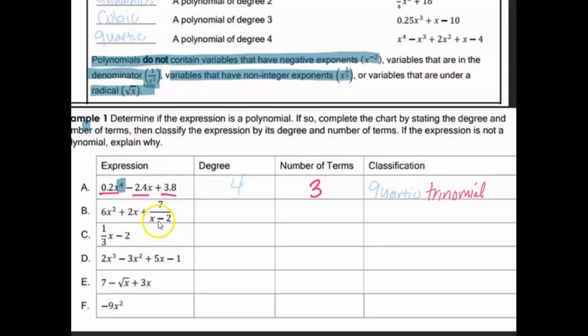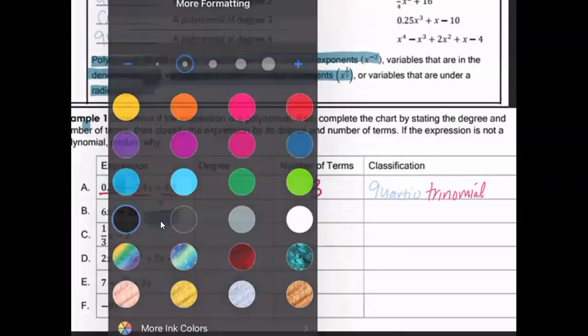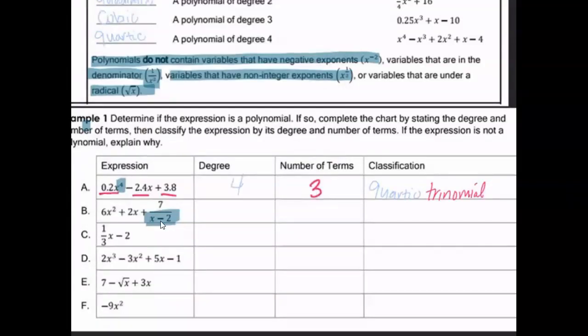Look, we have an x in the denominator spot. So this is not a polynomial. Let's use a different color.